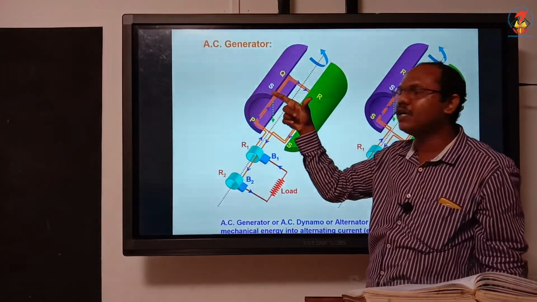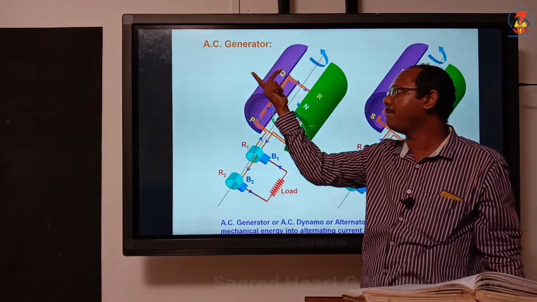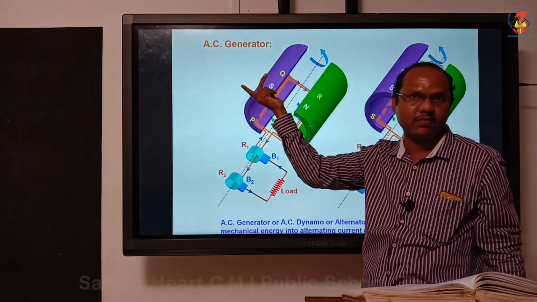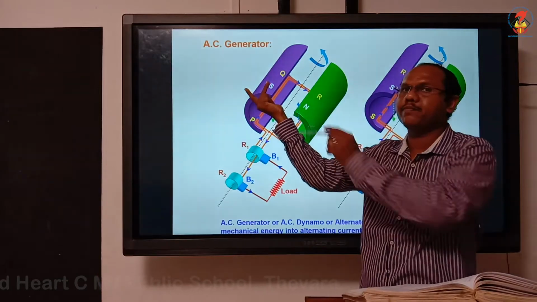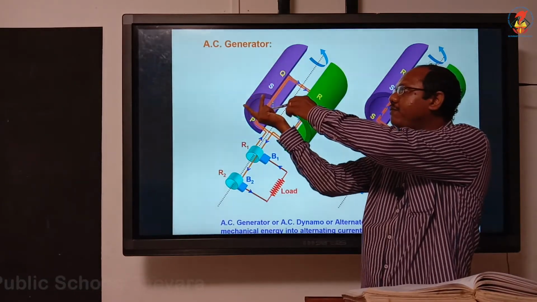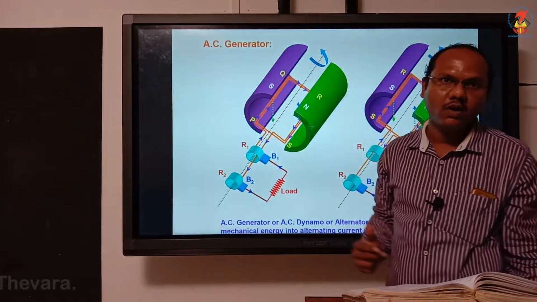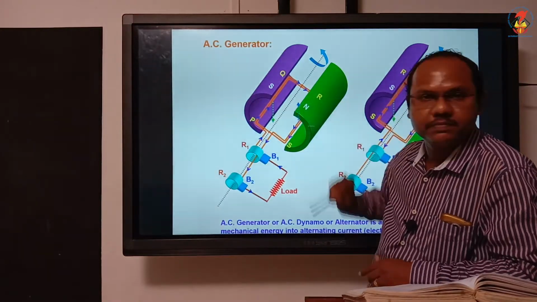PQ is moving downward, so my thumb is into the screen in this direction. The middle finger is from P to Q. So the current will flow from P to Q.